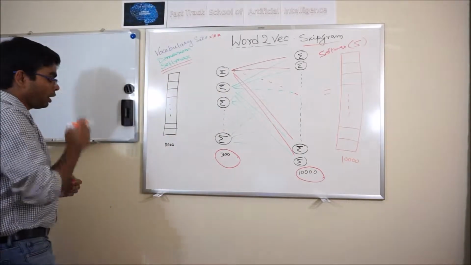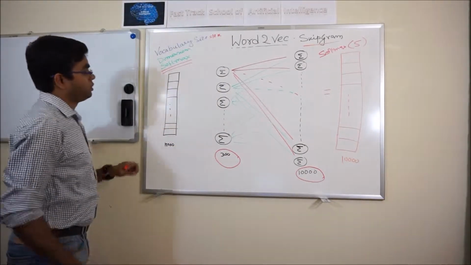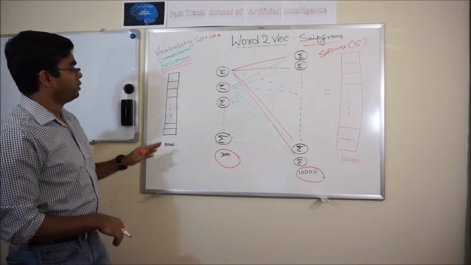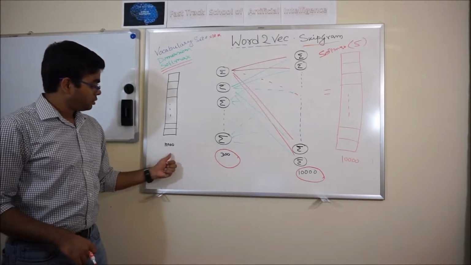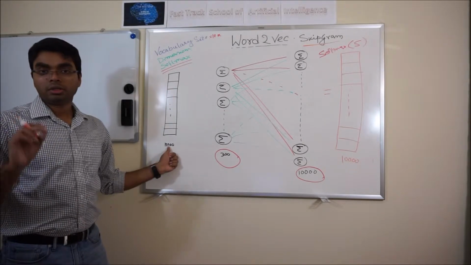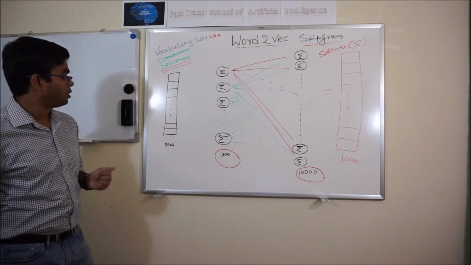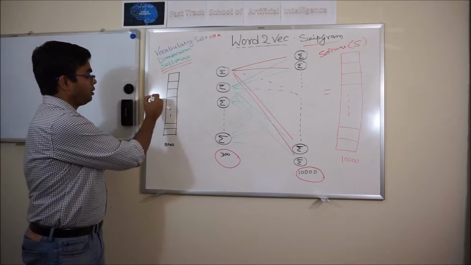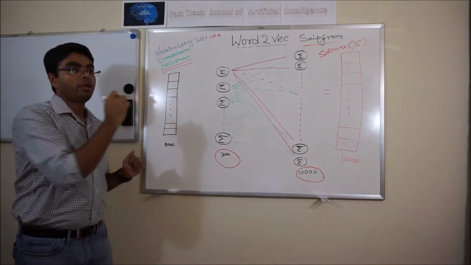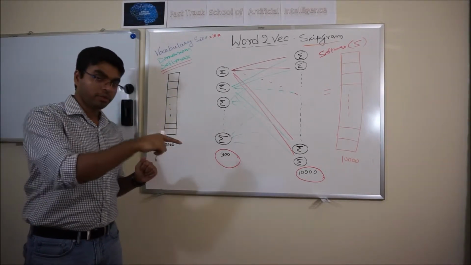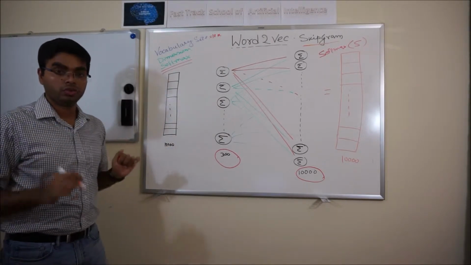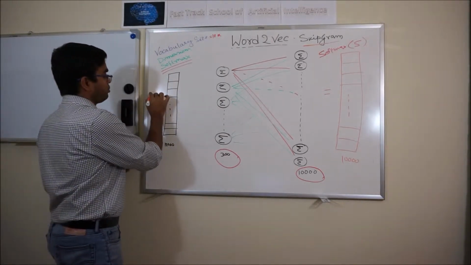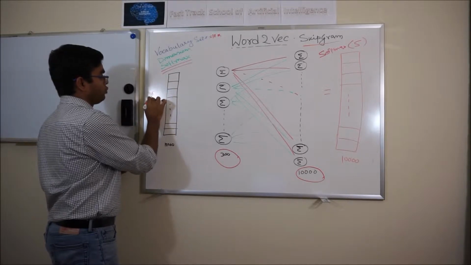Now, how will this input look? The input will have a total of 10,000 values. Only the target word will have 1, and the rest of the fields will have zeros. For example, Soviet.